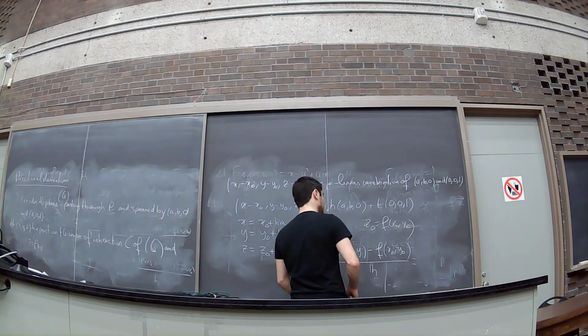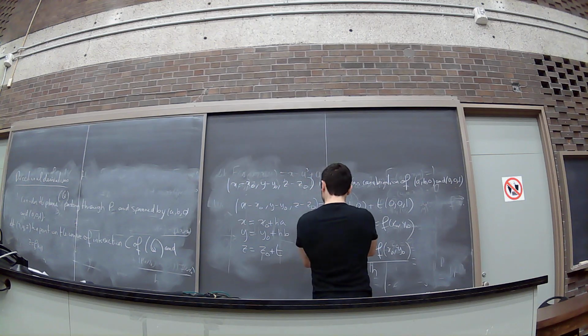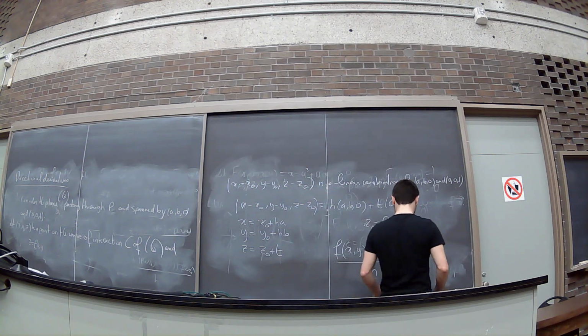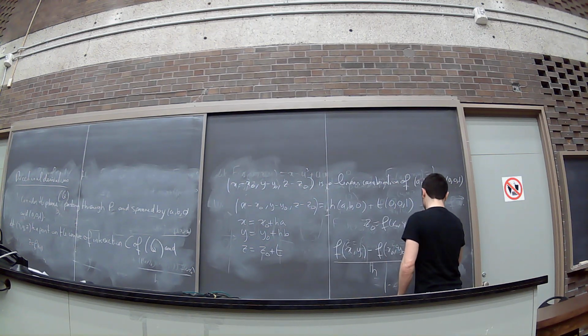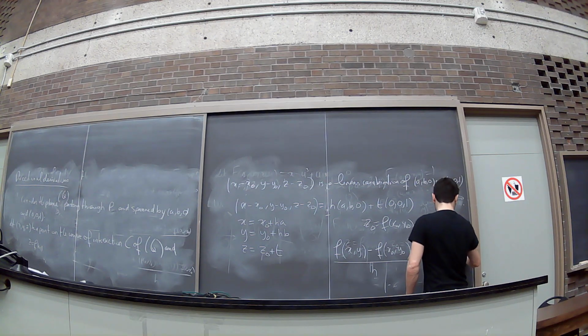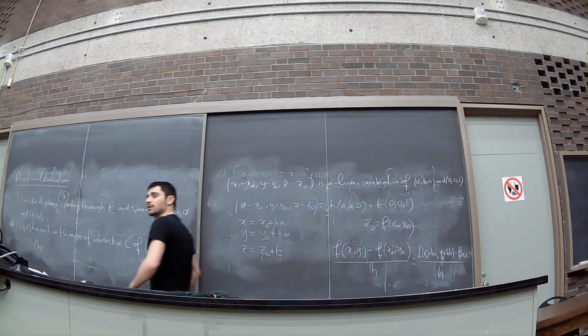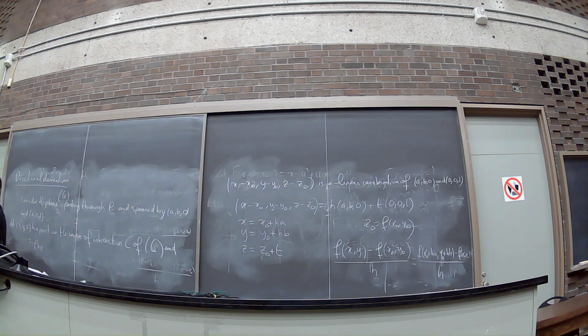This is just f(x0 plus ha, y0 plus hb) minus f(x0, y0), over h. And I take h to 0 and I get a derivative. You see that? You get a derivative.